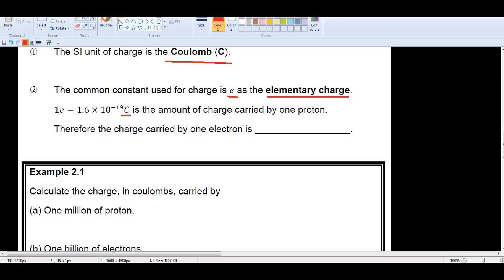Use this unit to describe charges. That's the charge carried by one proton, therefore the charge carried by one electron is minus e.